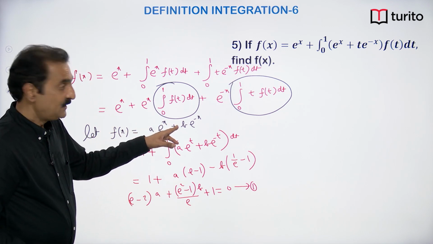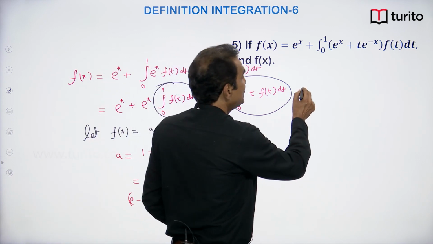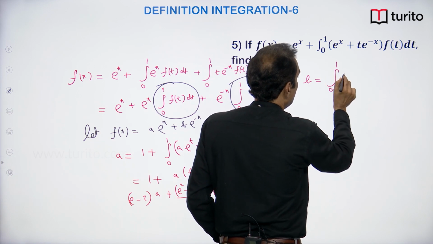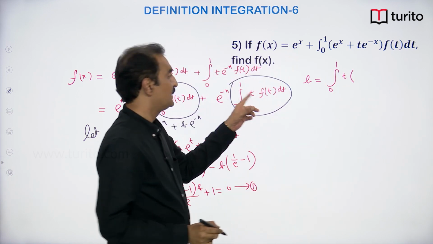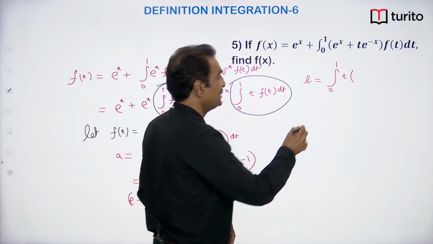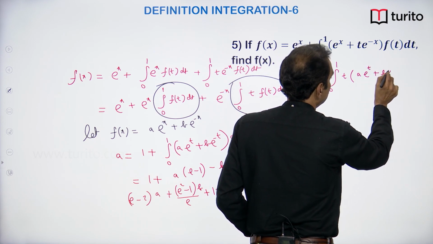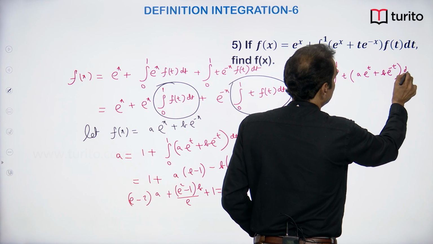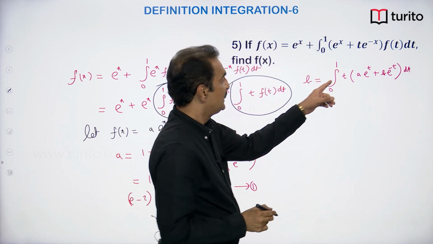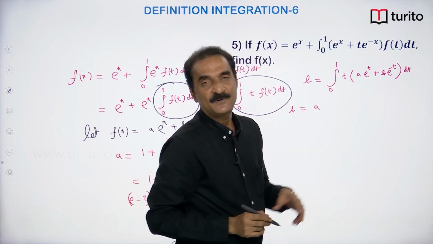Now what is b? It is coefficient of e power minus x, which is this integral. b is equal to integral 0 to 1 t into f of t. f of t will be a e power t plus b e power minus t. Now b is equal to a into, a is constant, what is the integral of t e power t?